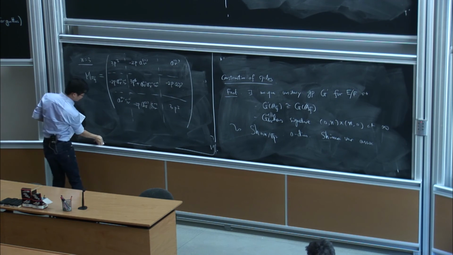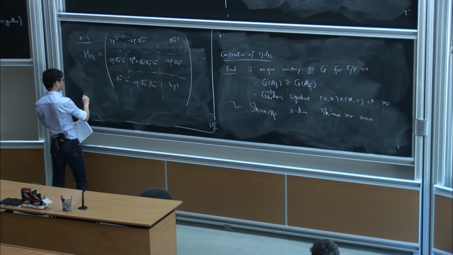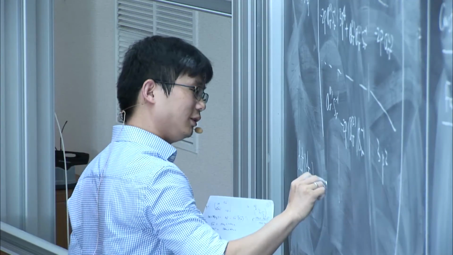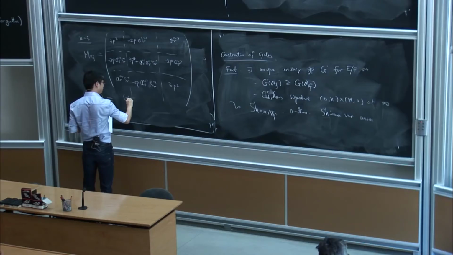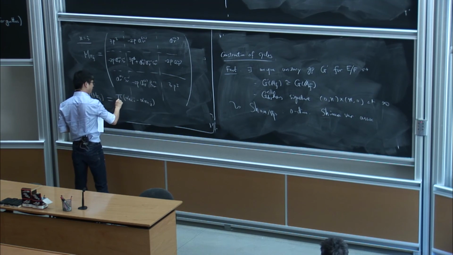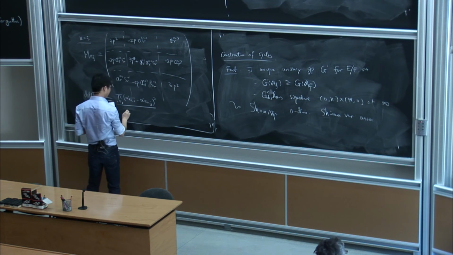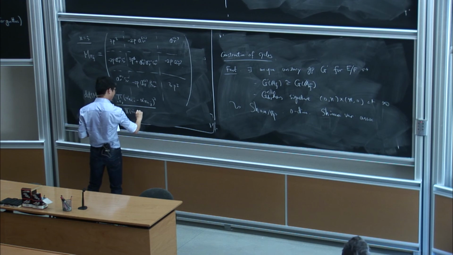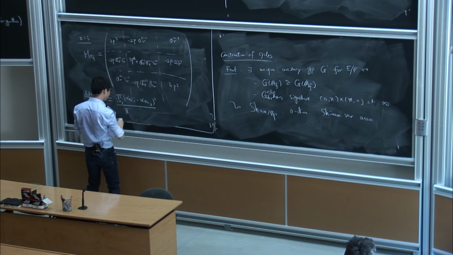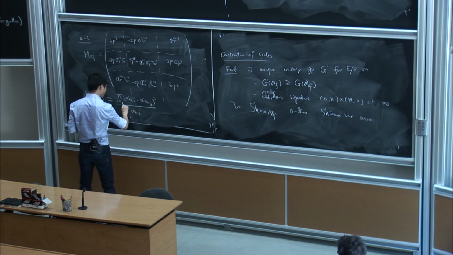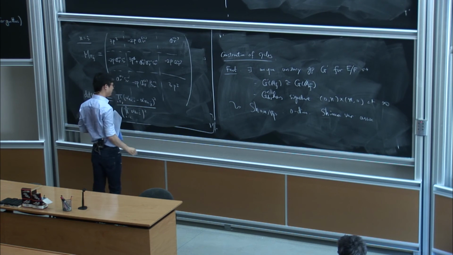Again, if you take the determinant of the whole matrix, you will get the product of (alpha pi vi minus alpha pi vj) squared for i different from j. In the denominator is the product of the Frobenius eigenvalues, and the square, so let's just write n minus 1.